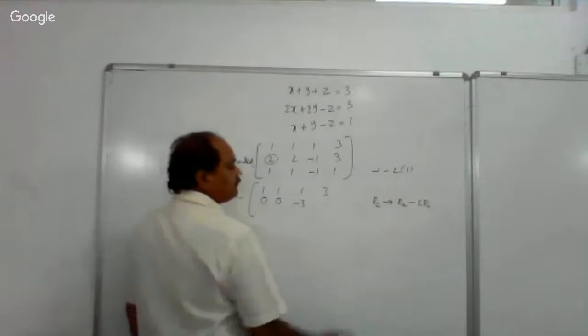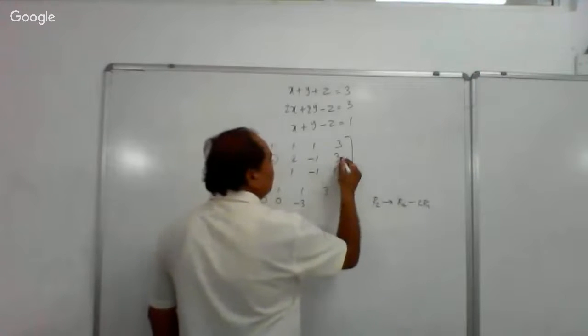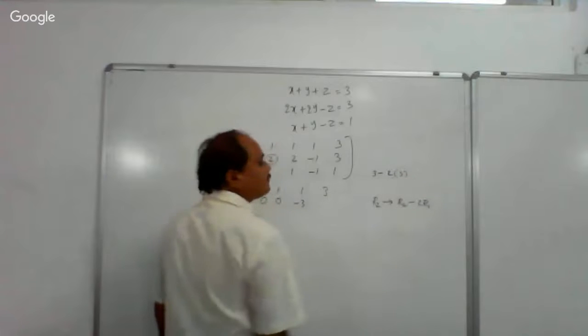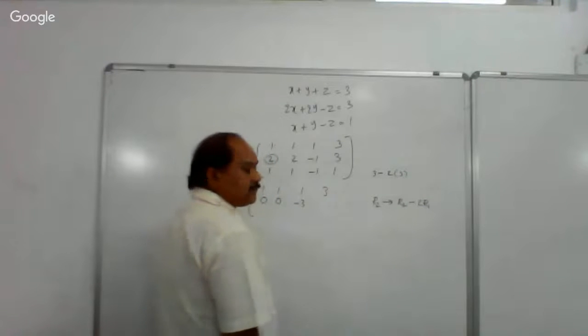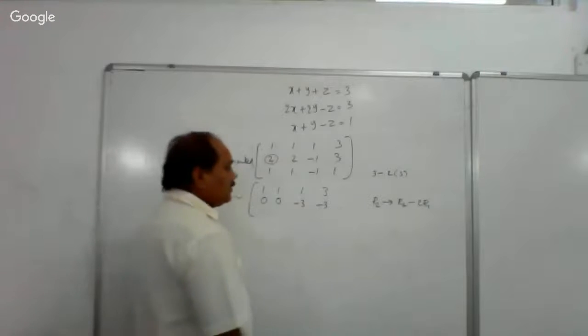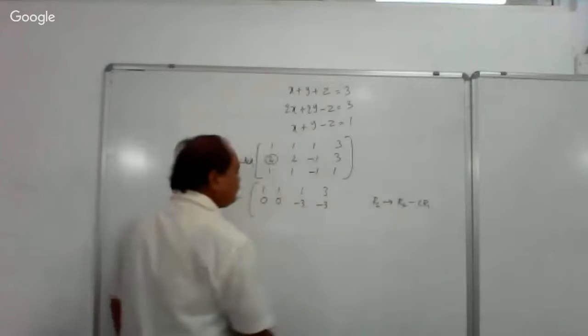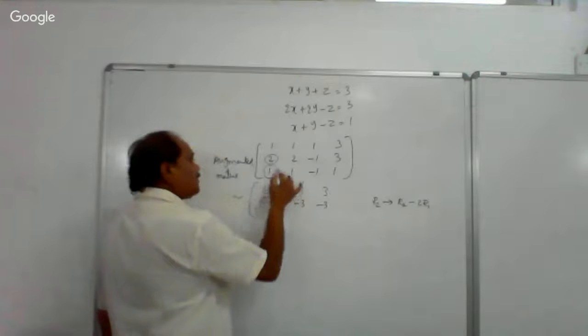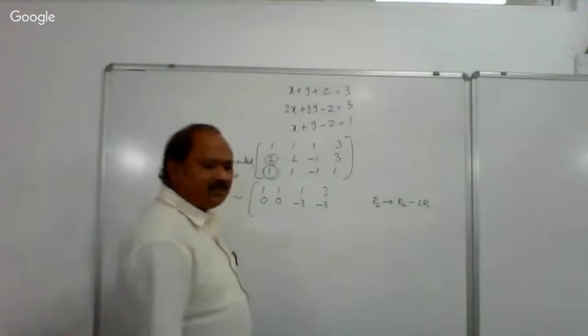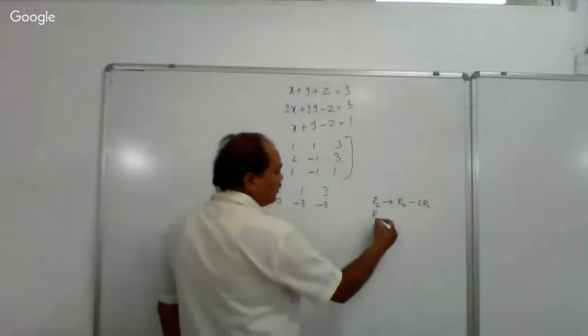Here R2 minus 2R1 gives minus 3. Okay? Then here also make 0. You can use R3.